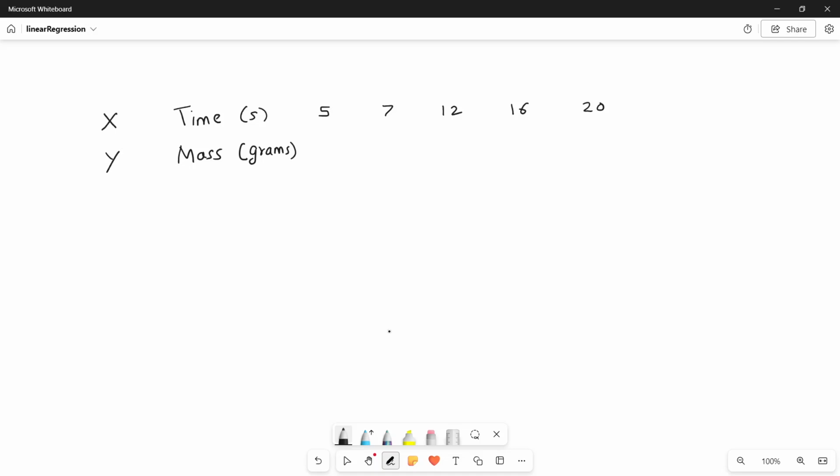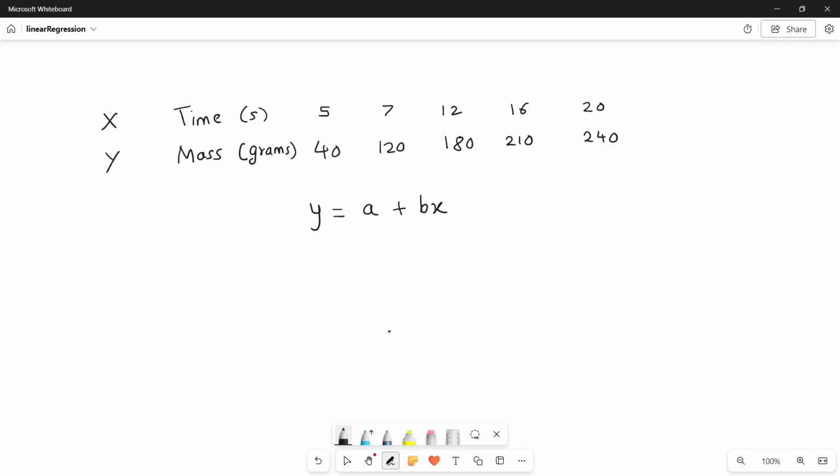Let's say we measure the mass: 40 grams, then 120 grams, then 180 grams, then 210 grams, and then 240 grams. Now what we want to do is establish a relationship y is equal to a plus bx. We want to establish a linear relationship between the variables y and x.